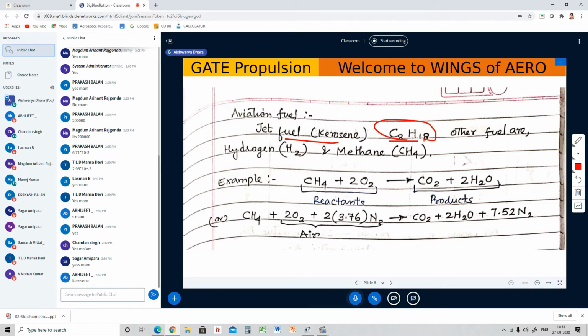Here we will see only the stoichiometric calculations, but in the exam you can be assured they won't just give you a jet fuel and ask you to find out what it is. They will give you the equation of the jet fuel. Okay, ma'am.